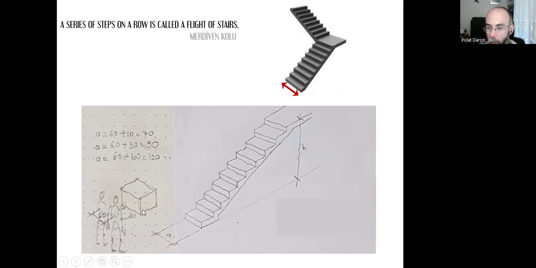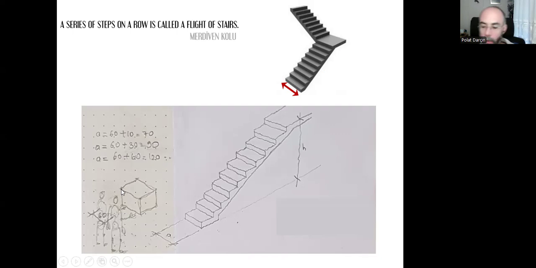If they are going to be carrying stuff, including refrigerators or big sofas or any big furniture, we can add 30 to 60 centimeters. So we can have 90 centimeters for the width minimum.